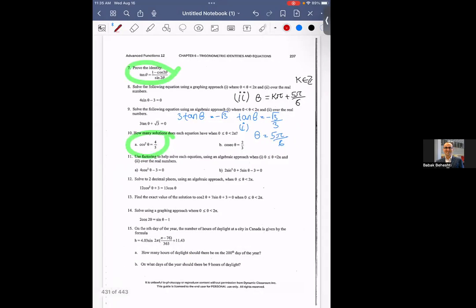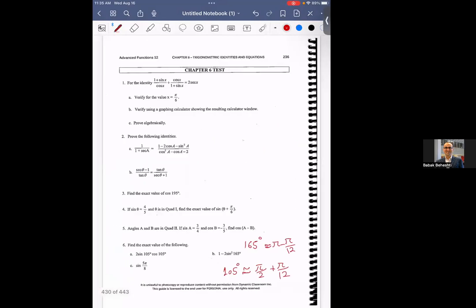So next page. Any question? Look at that. There's a goose.